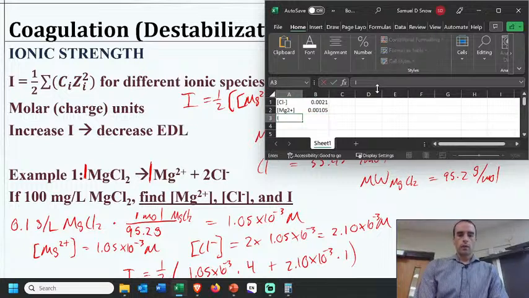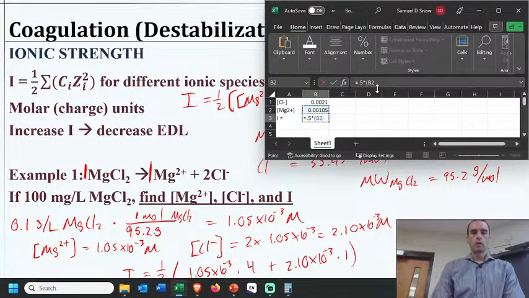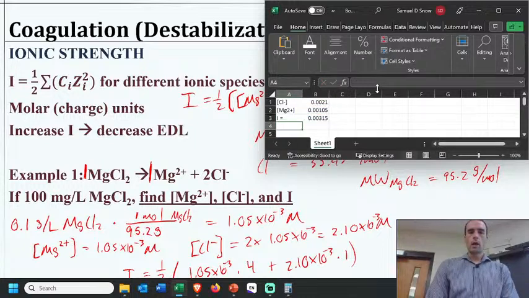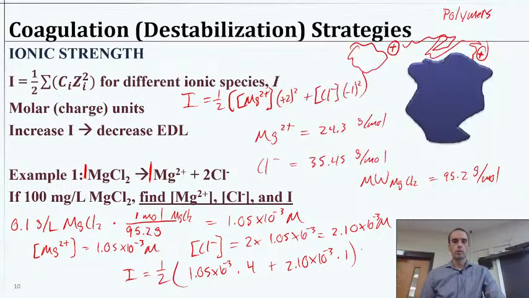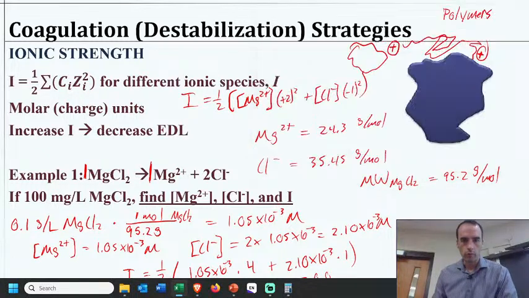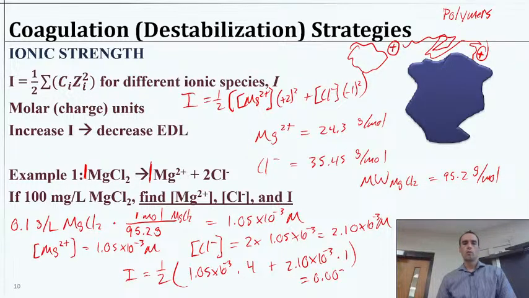So we'll take our ionic strength to be 0.5 times the magnesium chloride times 4 plus the chloride times 1. Just leave it like that. And so our ionic strength then should come out to be 0.0315. So it's basically 3.15 times 10 to the minus third.